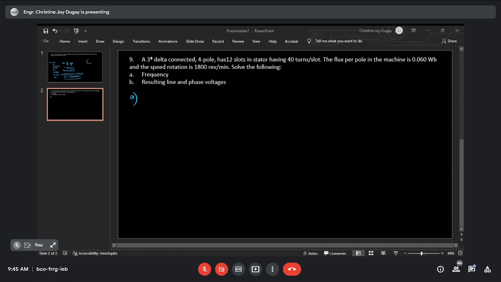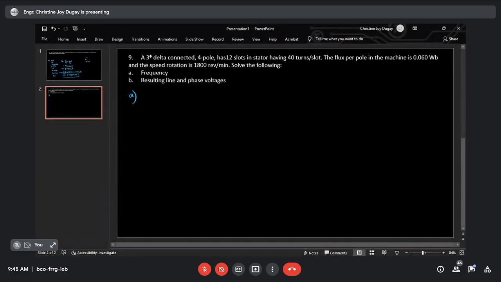Pwede siguro yung number times poles over 120. Ayan, perfect. Pwede yan. So pwede po natin gamitin si F is equal to Pn over 120.